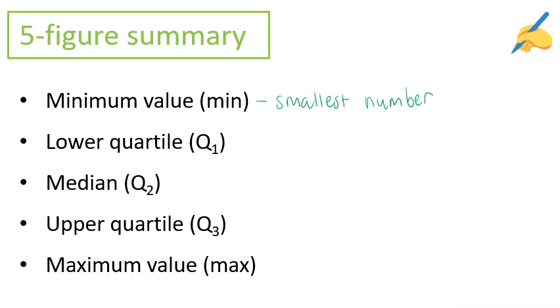Then we've got the lower quartile, which is also called Q1. So this is the median of the lower numbers. Then we've got the median, or Q2. So median is obviously the middle number.